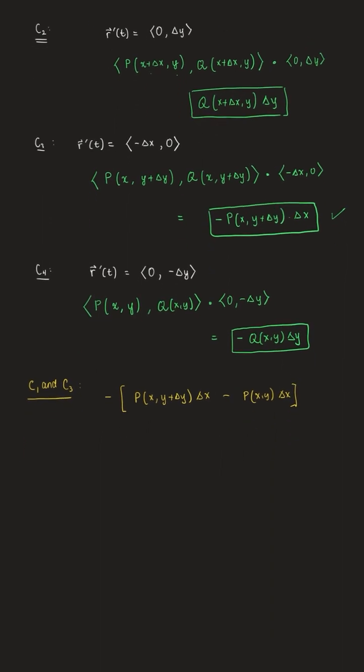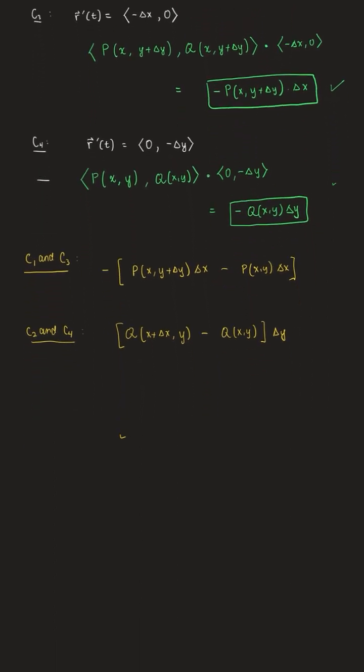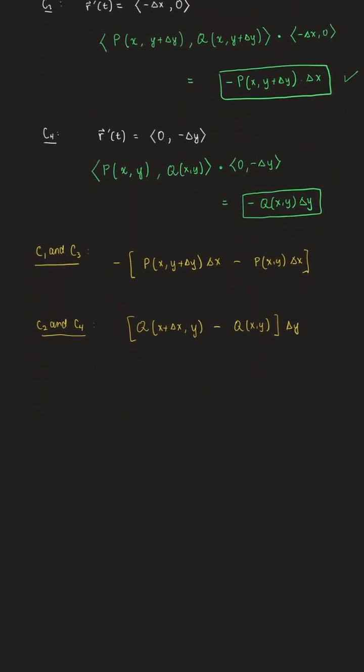And for C2 and C4, I'm going to write those two pieces as q of x plus delta x, y, minus q of x, y, all of it times delta y. I could have done that above too, just factor out the delta x above. Oh, I guess I can't. I can erase it. Okay, so we add these pieces and we have our circulation along the rectangle.